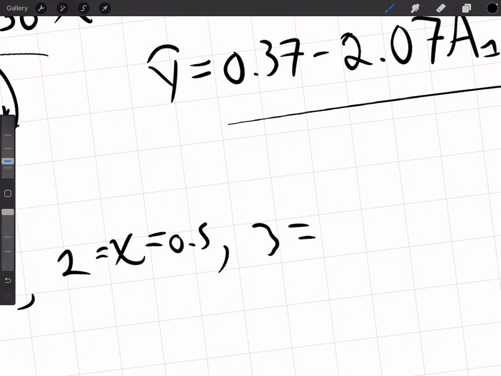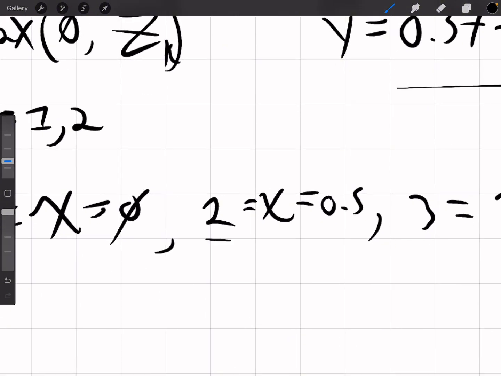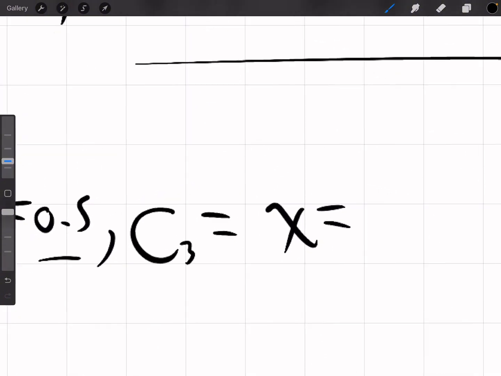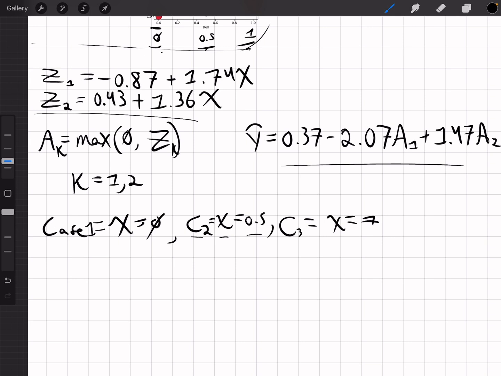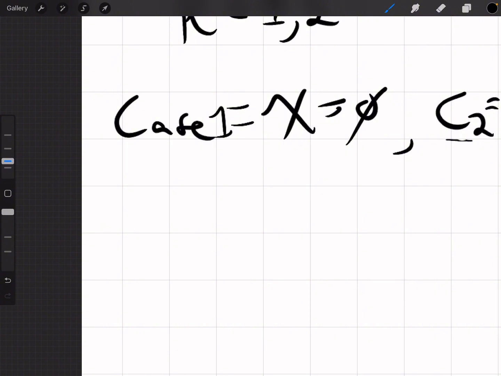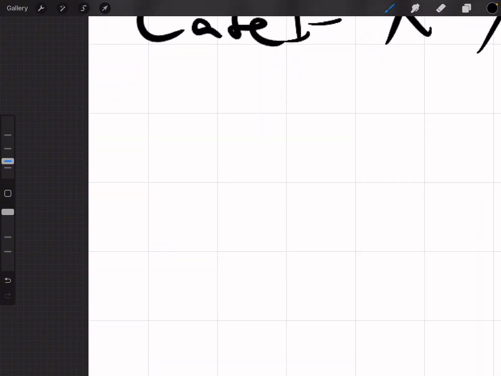Case 3, X equals, I like how 2 equals X equals 0.5. I don't like that at all. But anyway, I've fixed it. So those are our 3 cases. We'll just solve for case 1, and then we'll be done, and then we'll understand what this graph will look like.